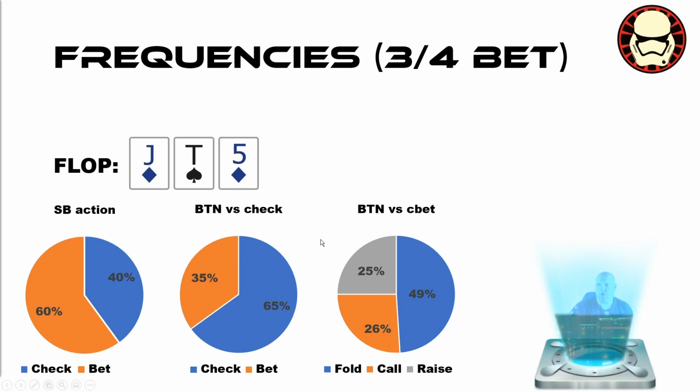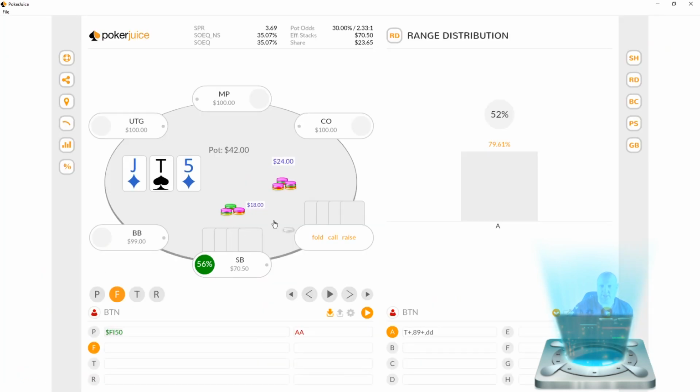And therefore, the first adjustment I would make on this board compared to solver strategy is to pretty much bet for value. We could have some bluffs, but as we don't have fold equity, I wouldn't like that. We need like 40% fold equity.